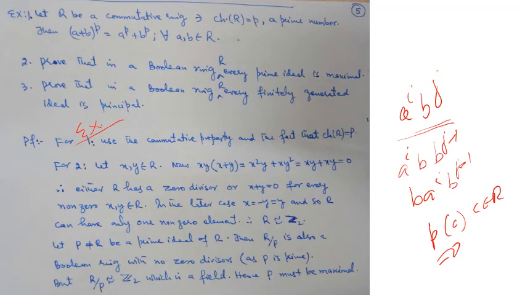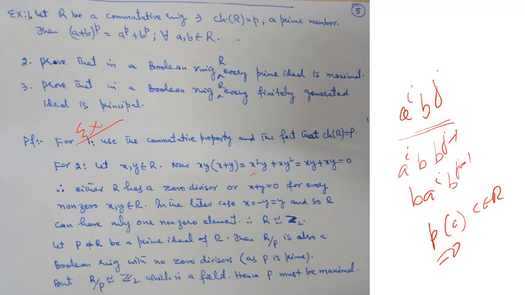So we have to show that every prime ideal is maximal. Let x, y in R. Now xy(x + y) is equal to x^2 y + x y^2, which is equal to xy + xy, because x^2 equal to x and y^2 equal to y.